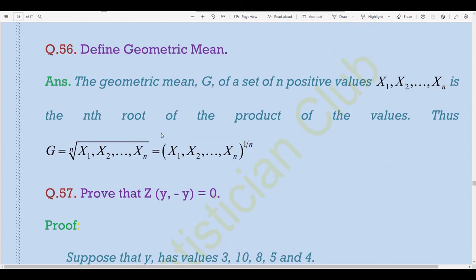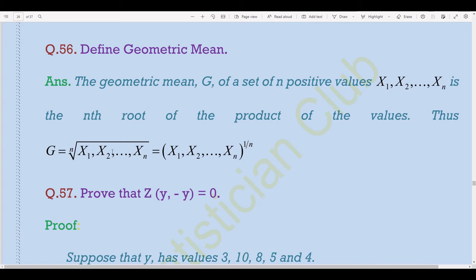Define geometric mean. What is geometric mean? Geometric mean is represented by a capital letter G. For a set of n positive values x1, x2, and so on up to xn, it is the nth root of the product of the values.